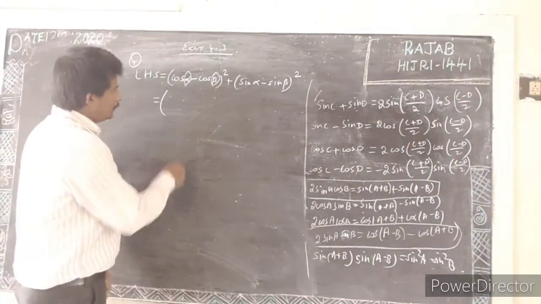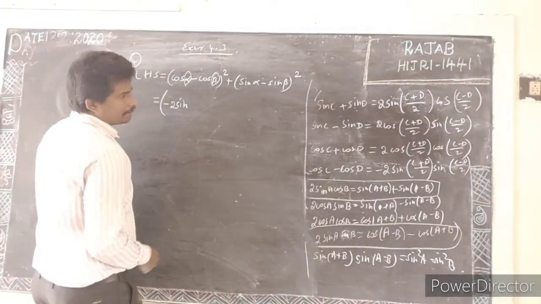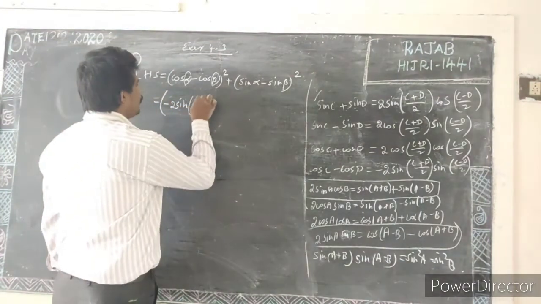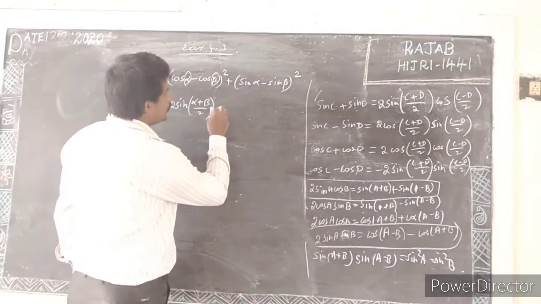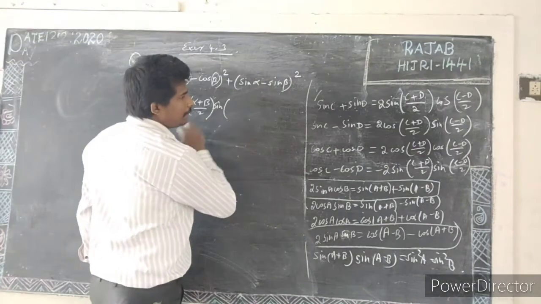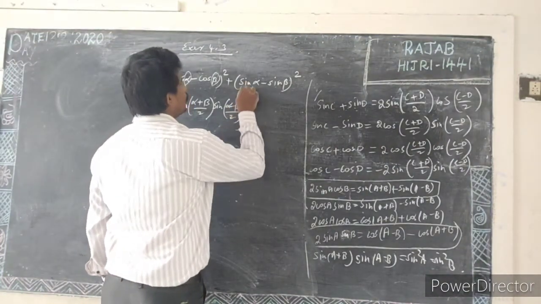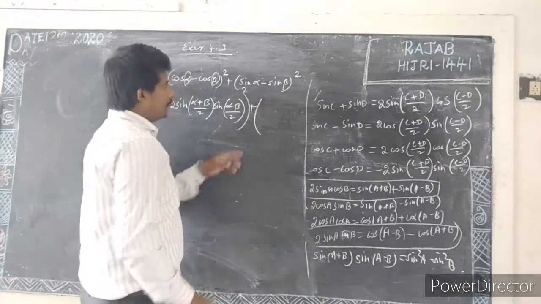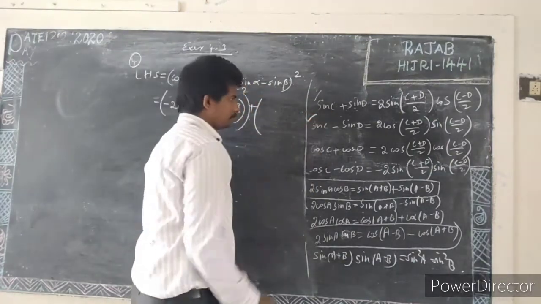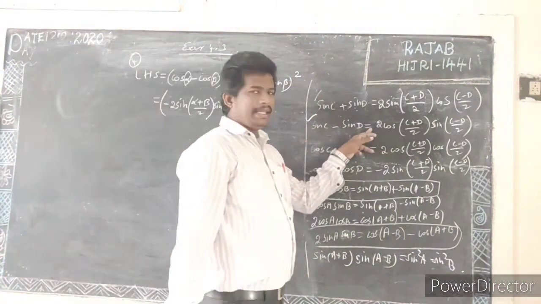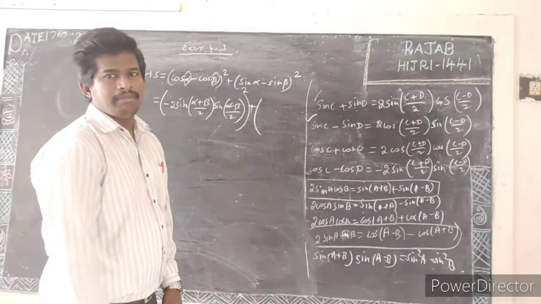So what will happen? Minus 2 sin (alpha plus beta)/2 into sin (alpha minus beta)/2, whole square, plus, here this is the form of sin C minus sin D. Sin C minus sin D can be written as 2 cos (C plus D)/2 sin (C minus D)/2.